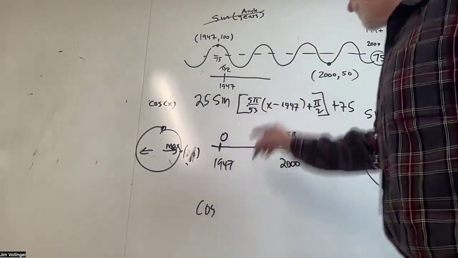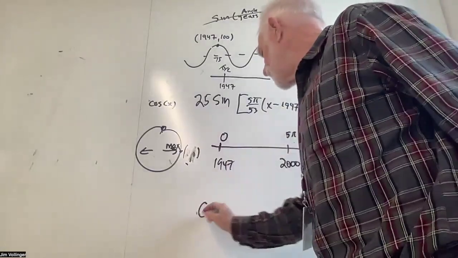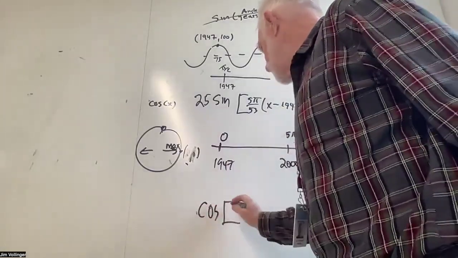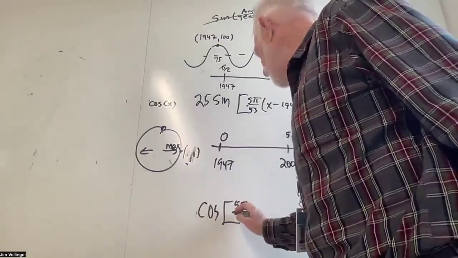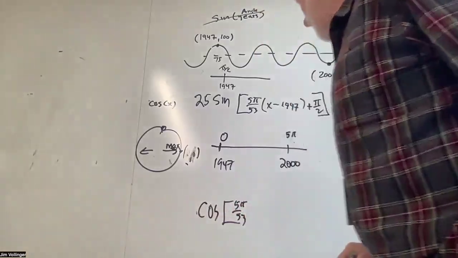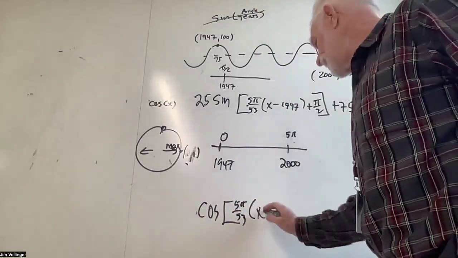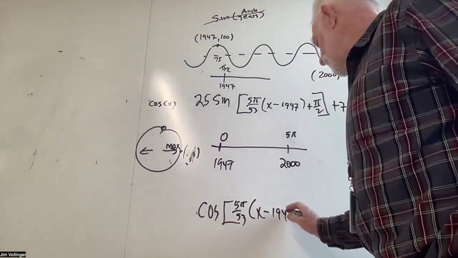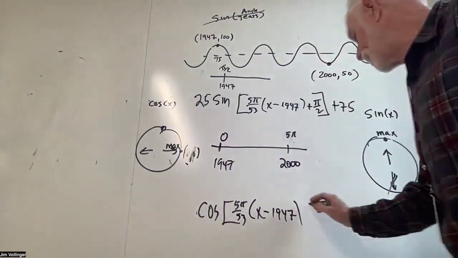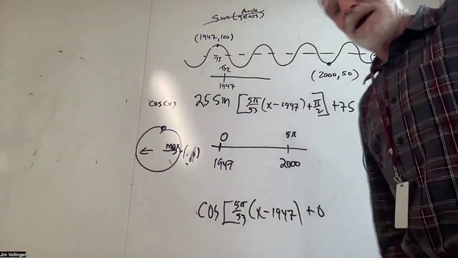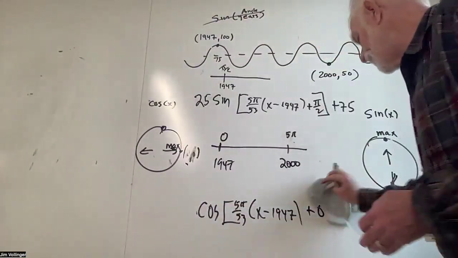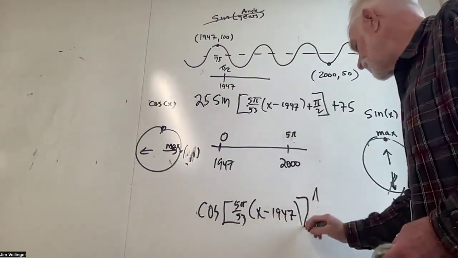So nothing changes here except for the fact that we're doing it as a cosine curve. We still have 5 pi over 53. And we still have x minus 1947. And the question is, do I really need to write plus 0 here? I think not. And so I don't have to do that. So there's my linear function.